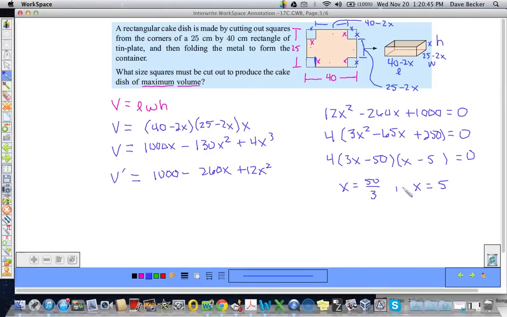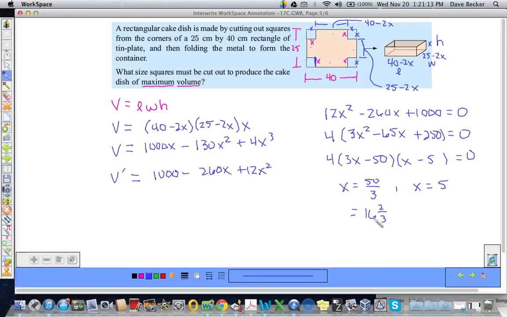But we need to make sure and see if these answers are even possible. So this side right here is a length of 25, and if I cut out 5 centimeter squares from either side, I'm still going to have 15 left, and I'm still going to have 30 left here. 50/3 is equal to 16 2/3. But let's forget about the 2/3 for a second because it's a little more difficult to work with.